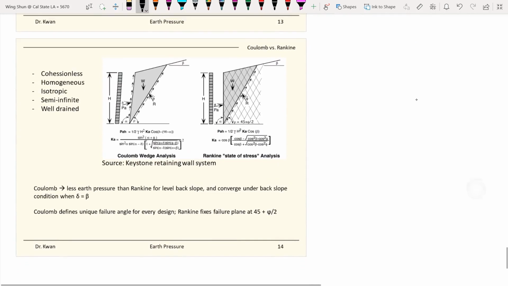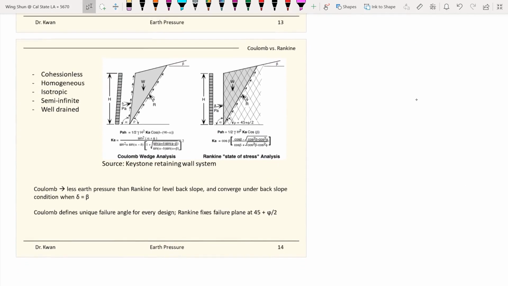So last but not least, when we compare the two different methods, Coulomb and Rankine, first realize that the two share some common assumptions or common setup by the great Coulomb and the great Rankine. First, they both focus on cohesionless soils for backfills.